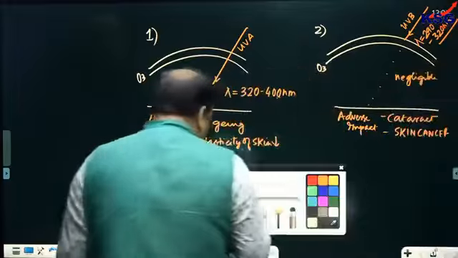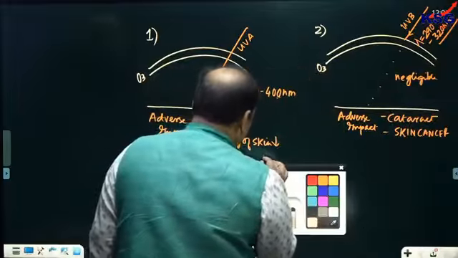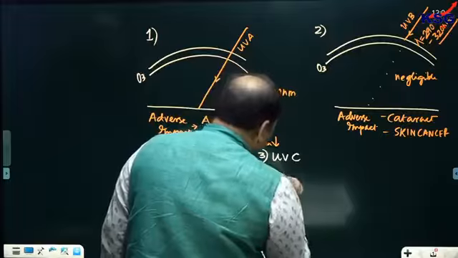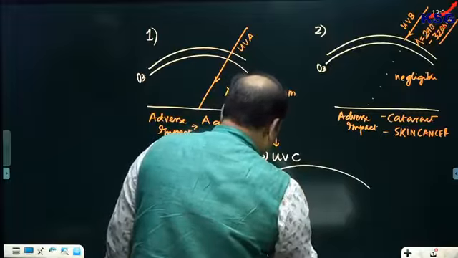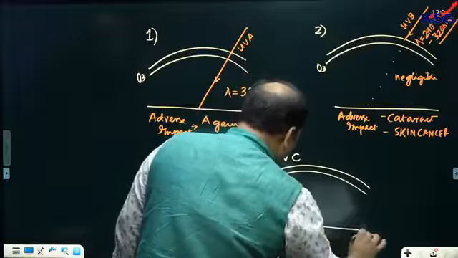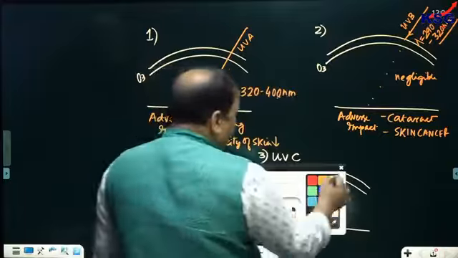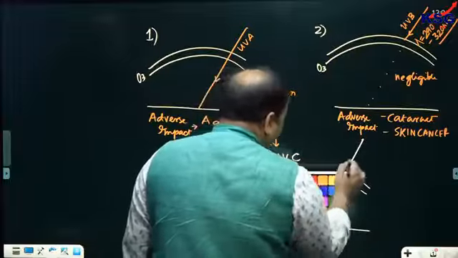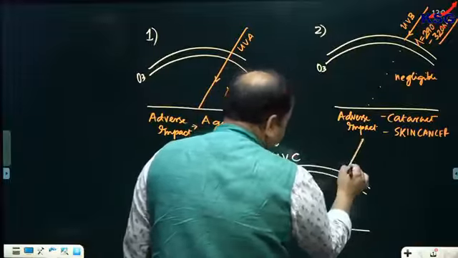Now the third type of radiation is called UVC. If this is O3 and this is the surface of the earth, UVC radiation does not reach the surface of the earth.